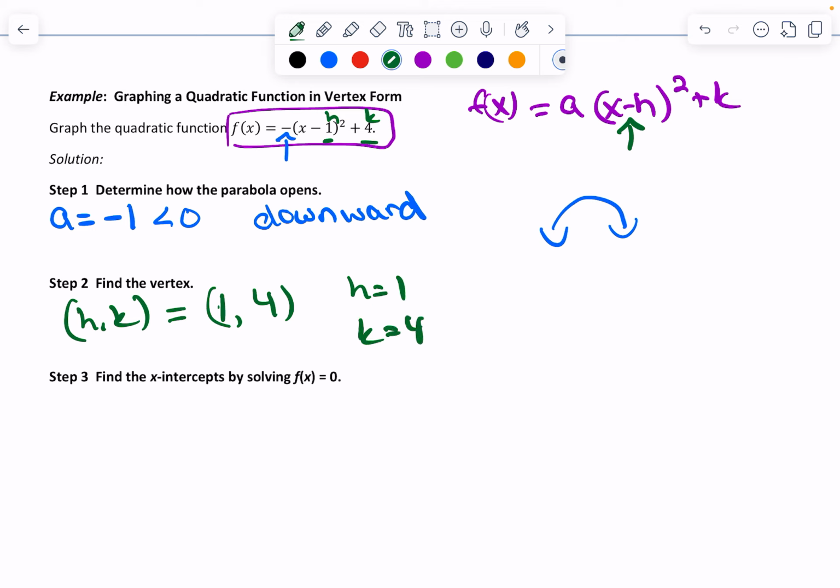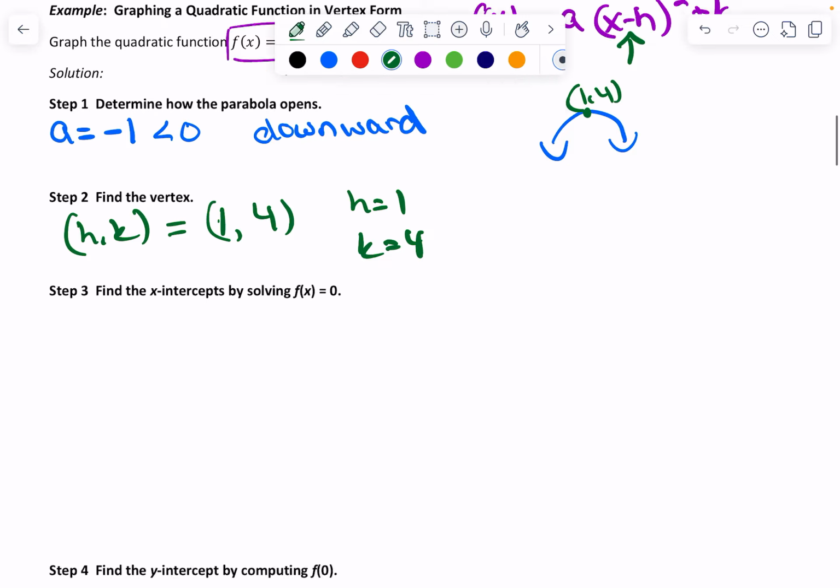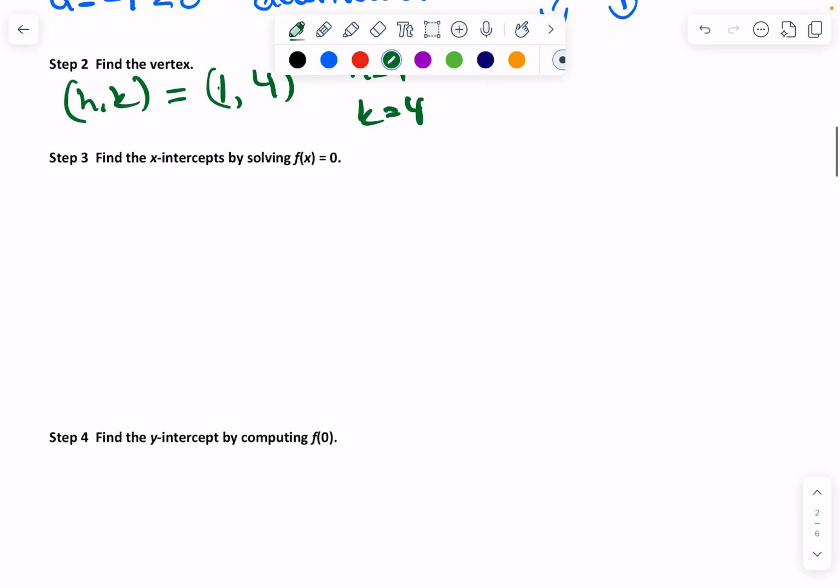So h is a positive 1. If it was a -1, the sign in between would be a plus because it is a minus. So our vertex would be right here, (1, 4). That's just a sketch. We're actually going to graph it down here.